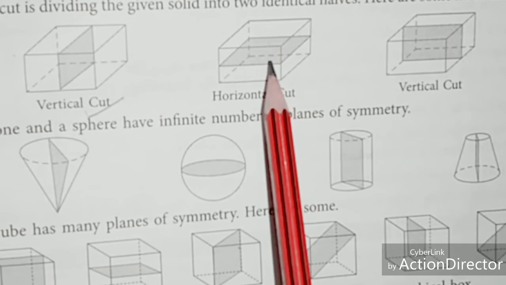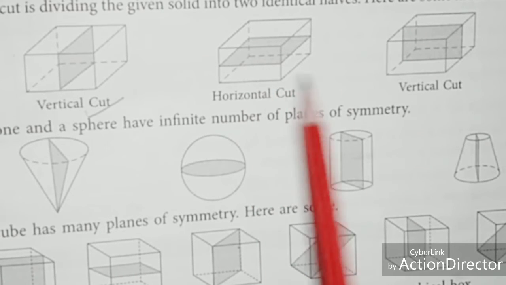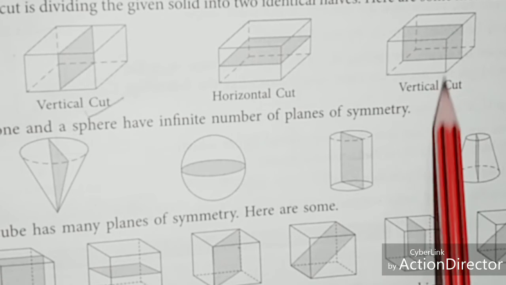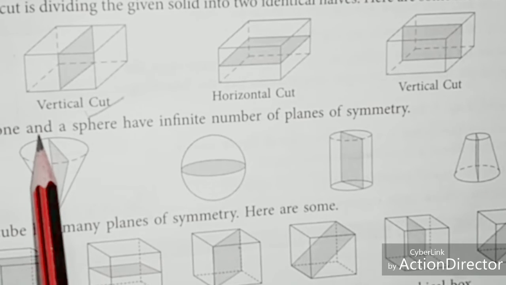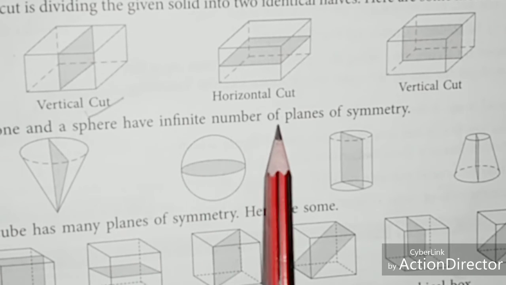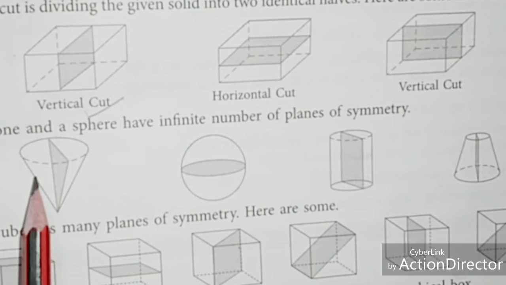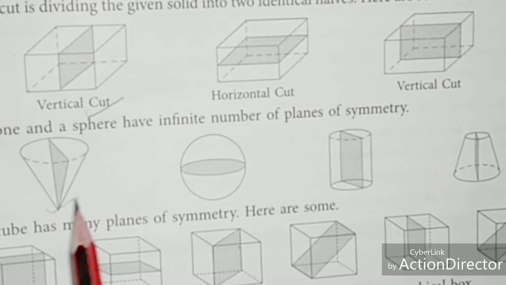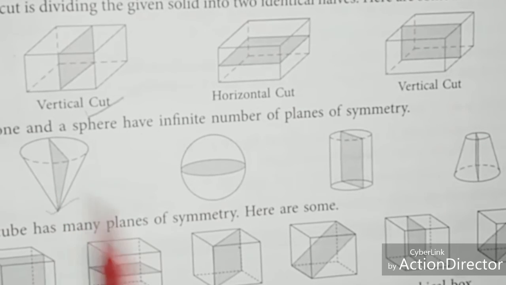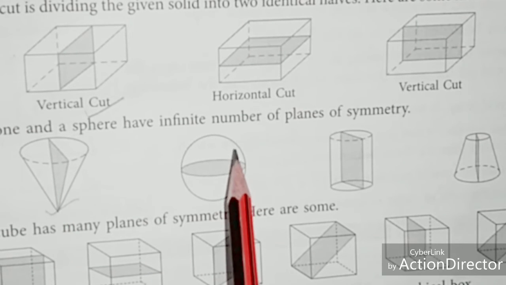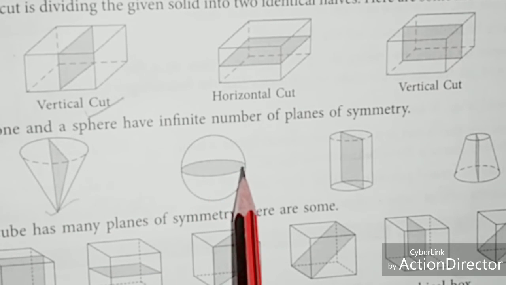Here the plane of symmetry cuts the solid horizontally, and here it cuts the solid vertically. A cone and a sphere have an infinite number of planes of symmetry, like this conical shape having a triangular plane of symmetry, and this sphere having a circular plane of symmetry.